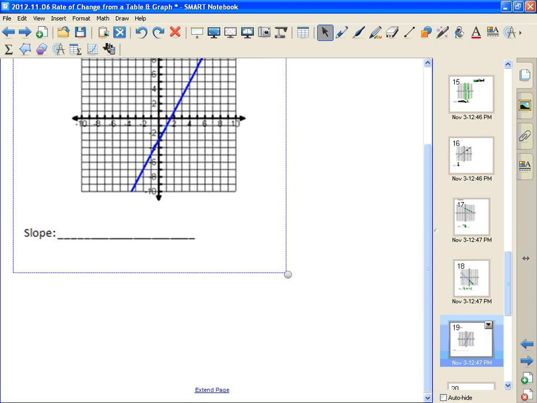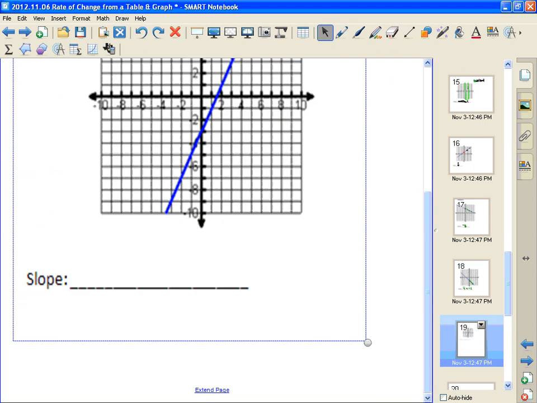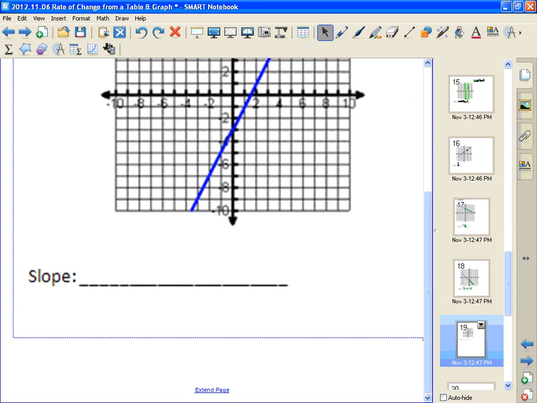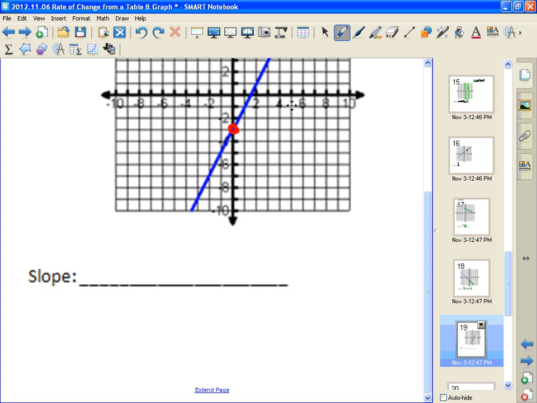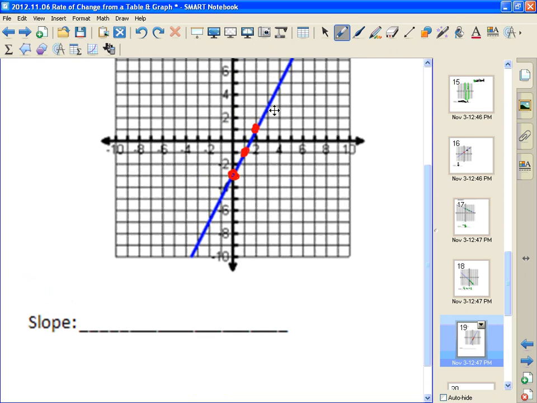Then for example 8, I can see that it crosses the y-axis right there at negative 3. And then I can see it goes through again right there at 1, 1. And then another time it goes through at 2, 1. And then it looks like it goes through again at 3, 3.